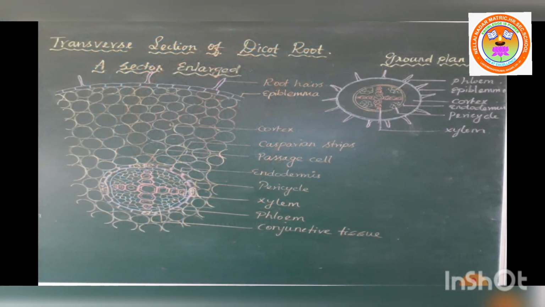So the transverse section of dicot root reveals epiblema, cortex, endodermis, stele, pericycle, vascular bundle, and pith, which may or may not be present, from the periphery towards the center.